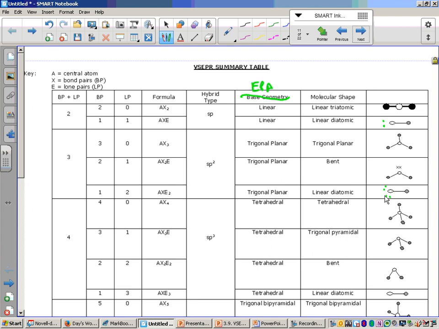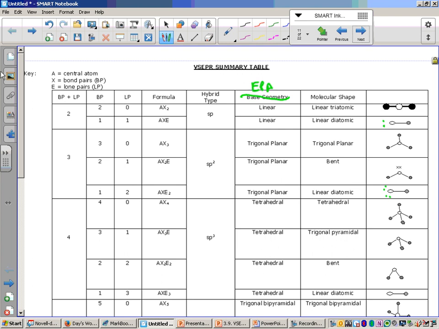Whenever you've got two atoms, no matter whether it's sp or sp2 or sp3, if you've only got two atoms, it's linear. So this is what I'm hoping you can do. I'm hoping it's not totally out of the realm of reality to have you memorize that if you ignore this bond pair up here, that you can describe that as a bent molecule. I'm hoping you can do that.